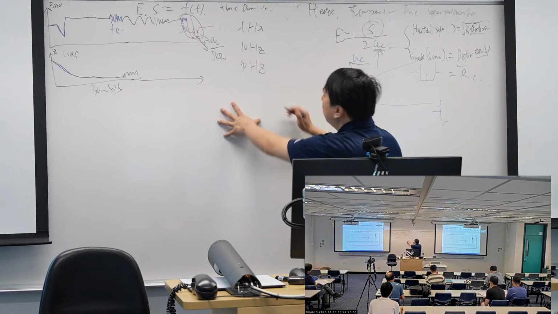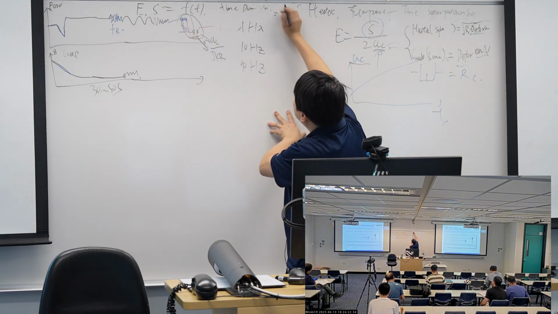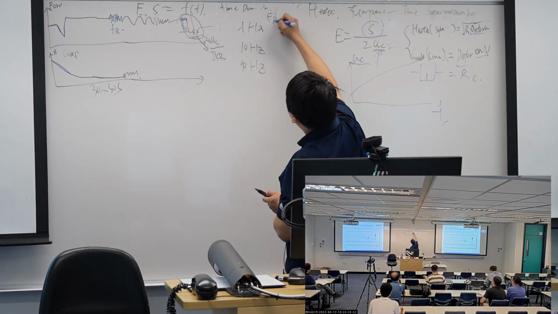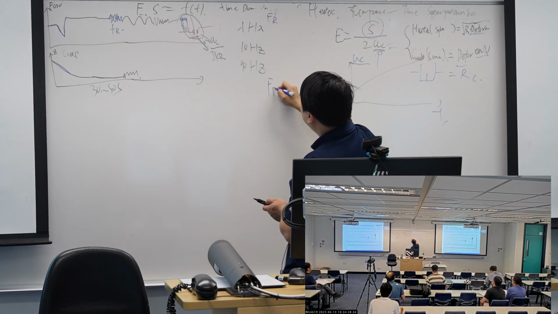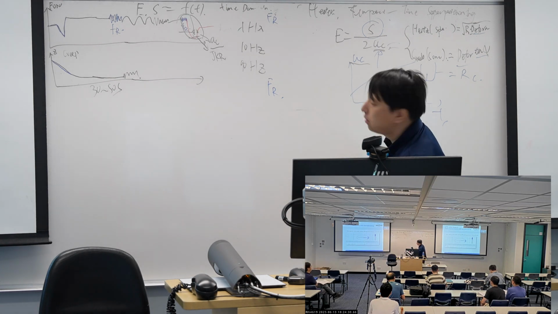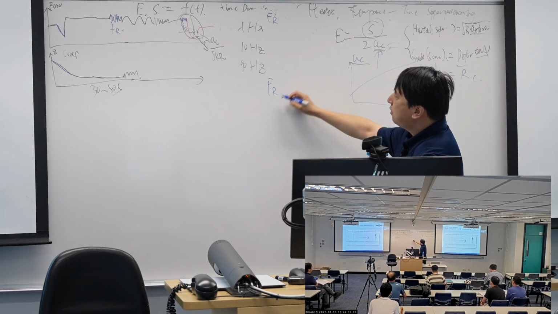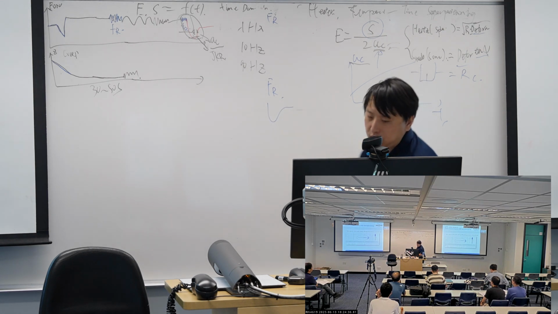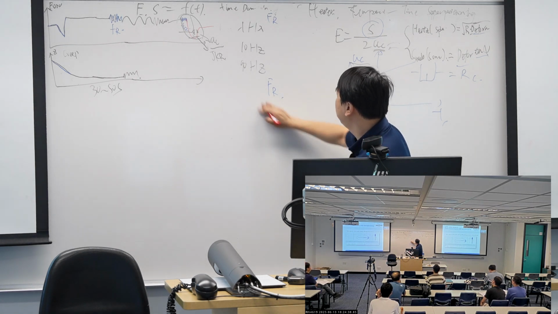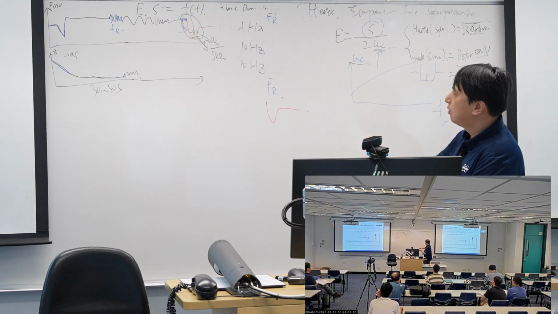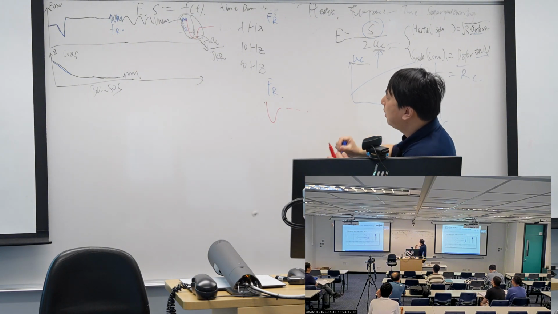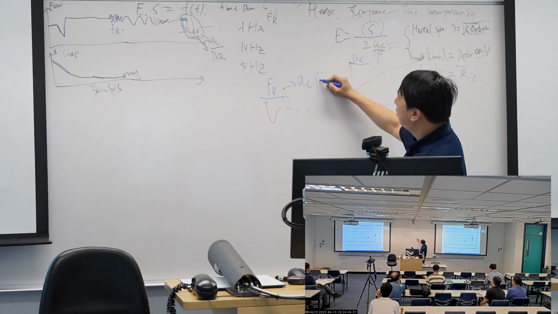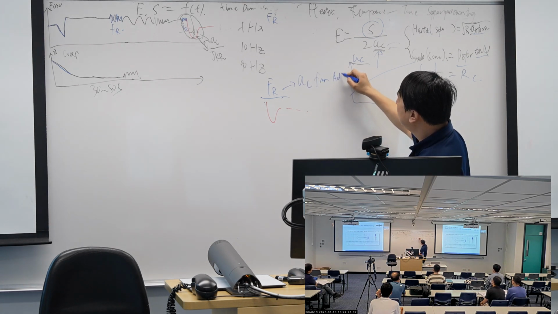So we have FR at the beginning and FR at the last, followed by a retract. Sorry, retract is red. At this time, I can get the contact radius out from the adhesion force.